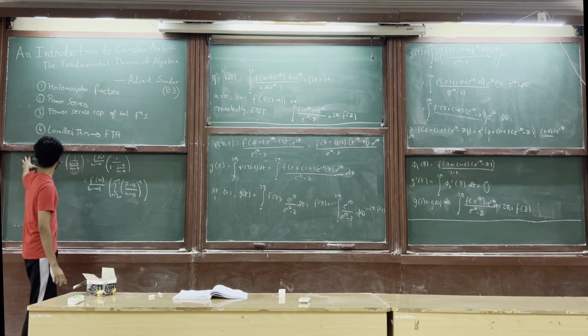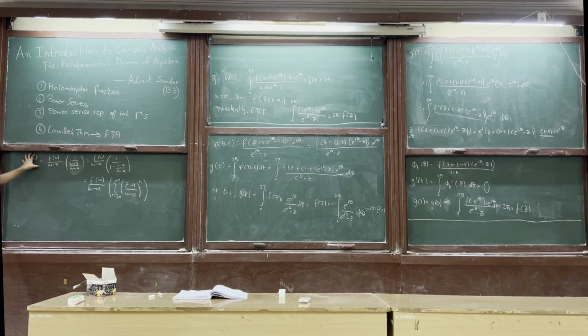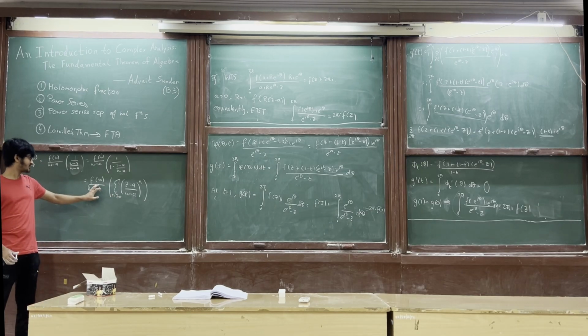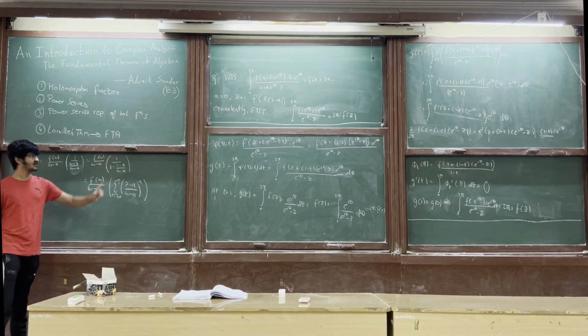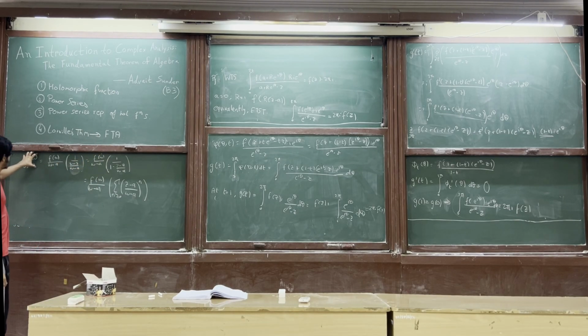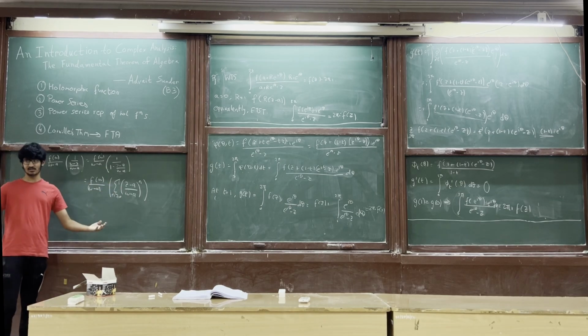So this integrated as a function of w for a fixed z over any path must converge to this integrated over w over a fixed path, right? We saw by defining the uniform convergence that if you integrate this and you integrate this, you should get the same thing.